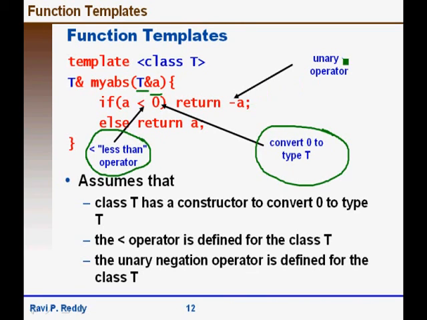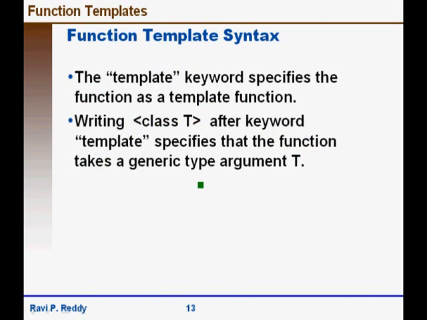It also needs to have the overloaded unary minus operator, because here we write minus a. So what do we assume out here? That class T has a constructor to convert 0 to type T, or it has a function which can compare against integers. The less than operator is defined for the class T. The unary negation is defined for the class T.